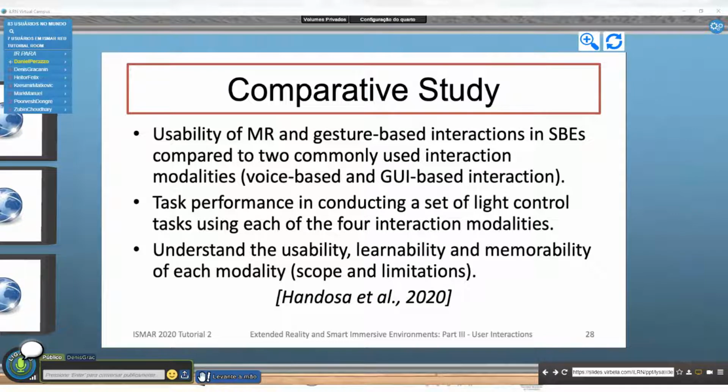What we have selected here is a set of light control tasks using 4 interaction modalities: MR-based, gesture-based, voice-based, and graphical user interfaces. That can help us to understand the usability, learnability, knowability of each modality, and also the corresponding scope and limitation.